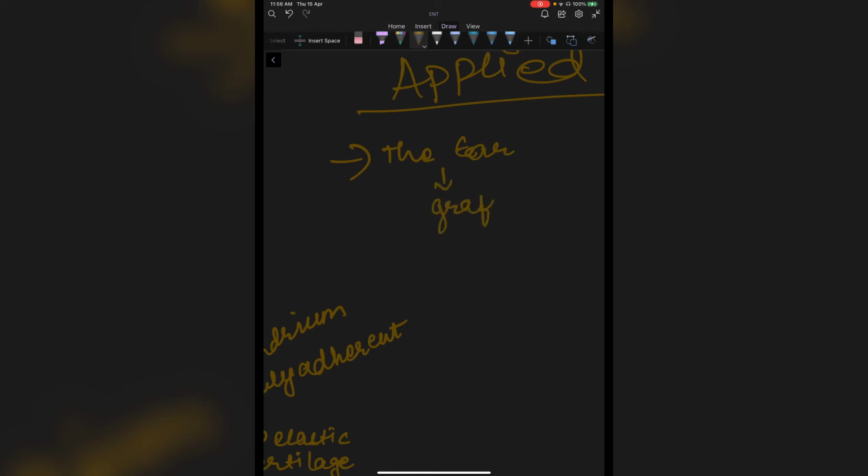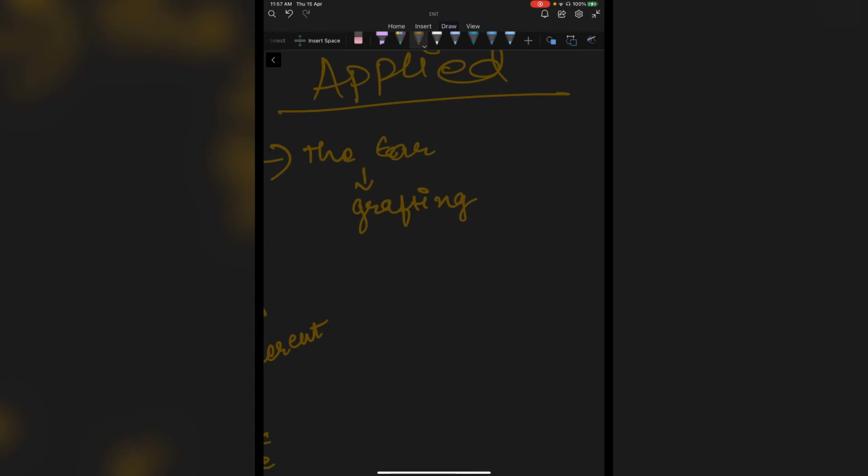So grafting is important over here. A lot of grafting can be done here. Why? Because a lot of grafts can be taken, so it can be used for your reconstructive surgeries.